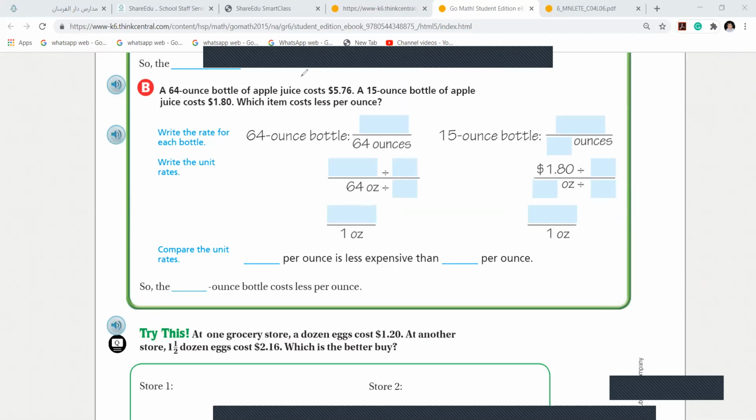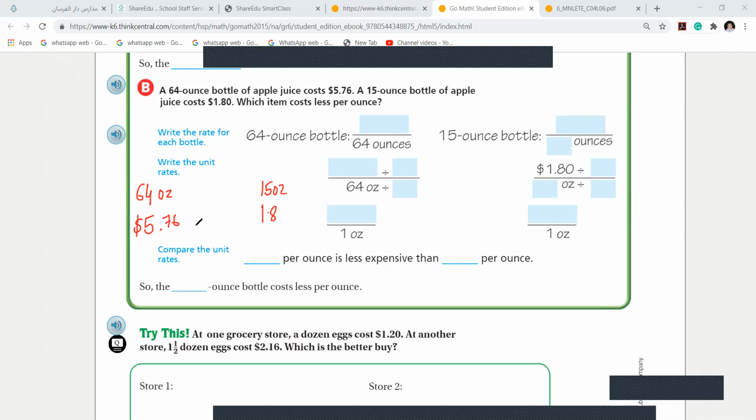Okay, guys. So we have two things again. We have a 64-ounce bottle that costs $5.76. Here, girls, I told you to compare, and the other bottle is 15 ounce. 15 ounce costs $1.80.